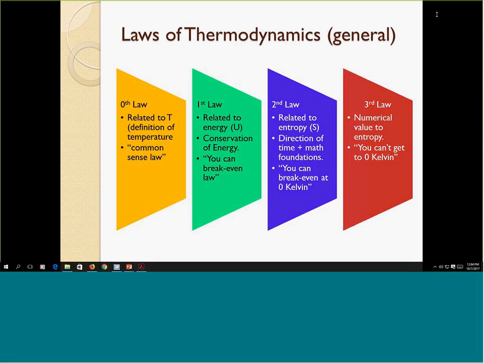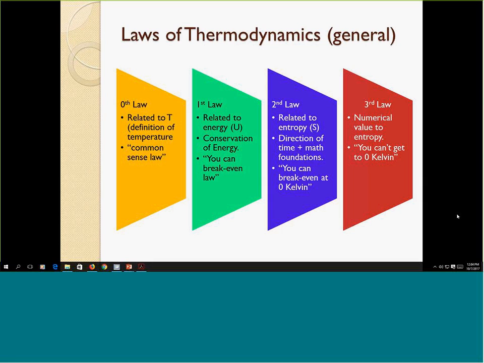Now, the third law of thermodynamics. It is related to entropy. It's something like this: say I have a crystal ball, and I throw it to the ground and it breaks into pieces.